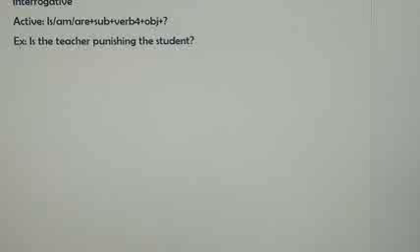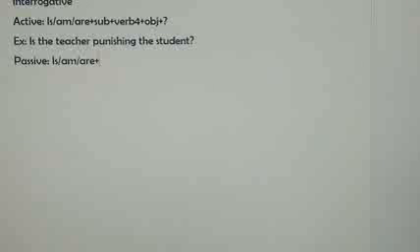Now, let me write its passive structure. Passive. Its passive form will be, my dear students, the same auxiliary verb will come first before the subject to make the sentence an interrogative sentence. Is, am, are.